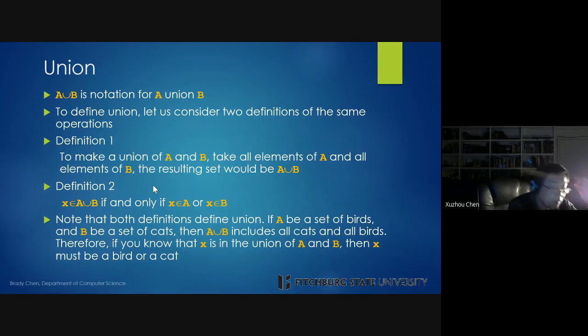To understand the union, let's think about a set as a bag. A set A contains a bag of something, like a bag of rocks, for example.